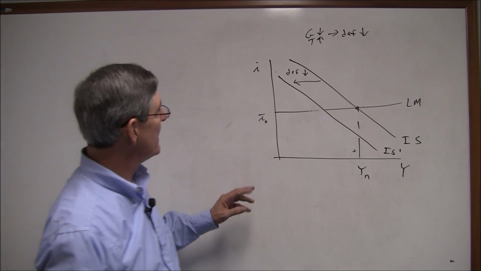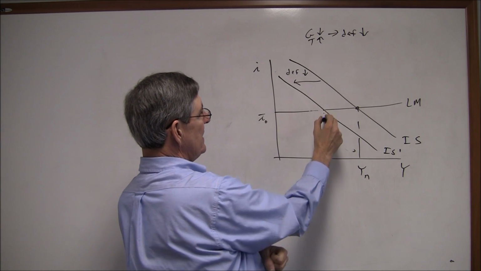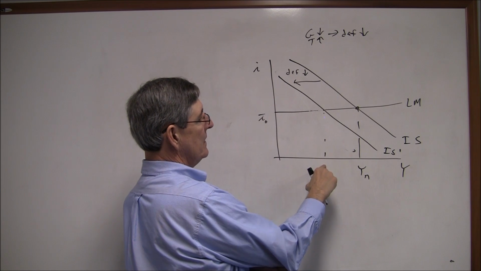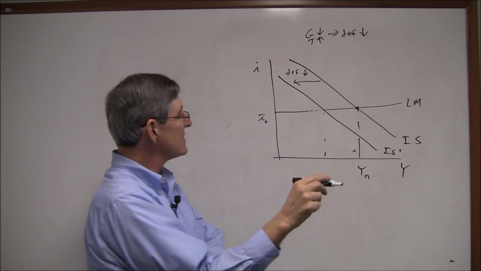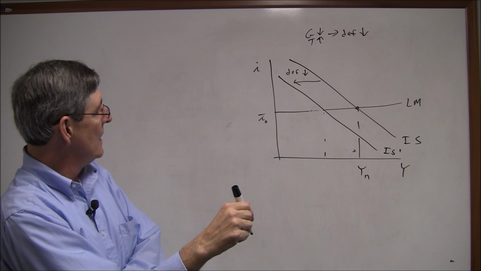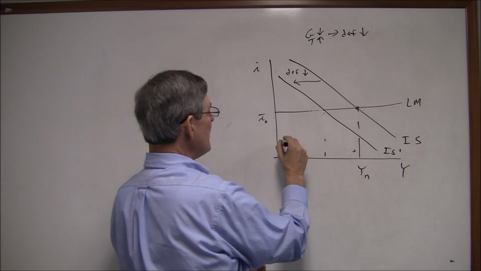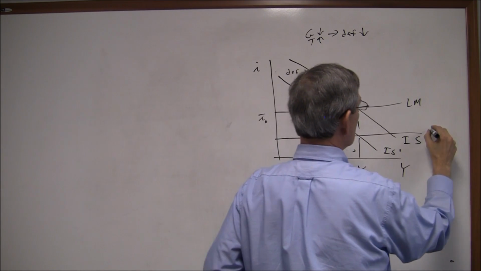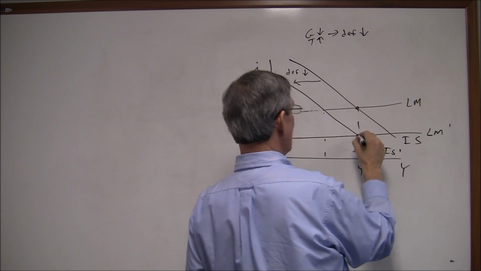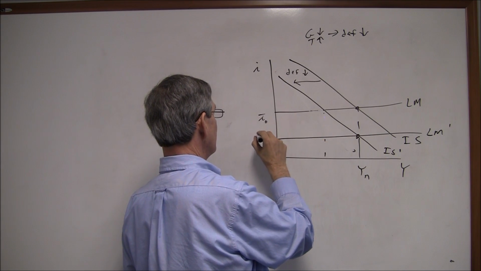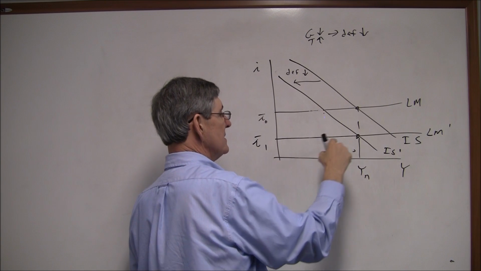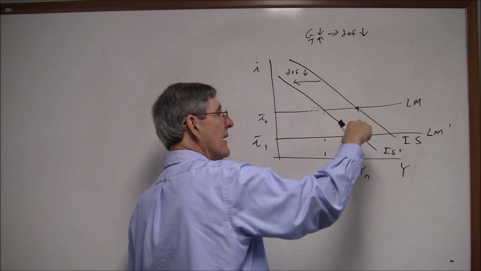Without a combination or a policy mix, you would end up here in a recession because of the fiscal consolidation, as the book calls it. But if the Fed at the same time were to lower the LM curve, lower the policy rate to I1, you'll end up back at YN.